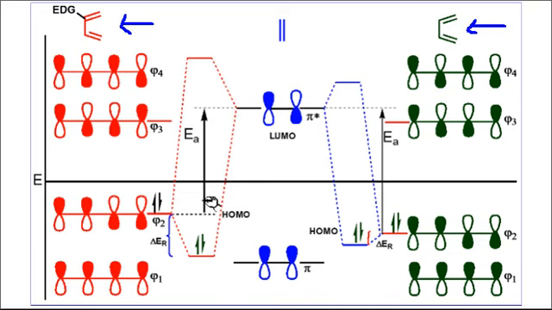Therefore the activation energy is much less compared to this one, and the rate of reaction will be high. Also in this case you can see a greater enthalpic gain for this process. Therefore an electron donating group on the diene will increase the rate of reaction by reducing the activation energy, or by reducing the energy gap between the HOMO of the diene and the LUMO of the dienophile, by increasing the nucleophilicity of the diene.